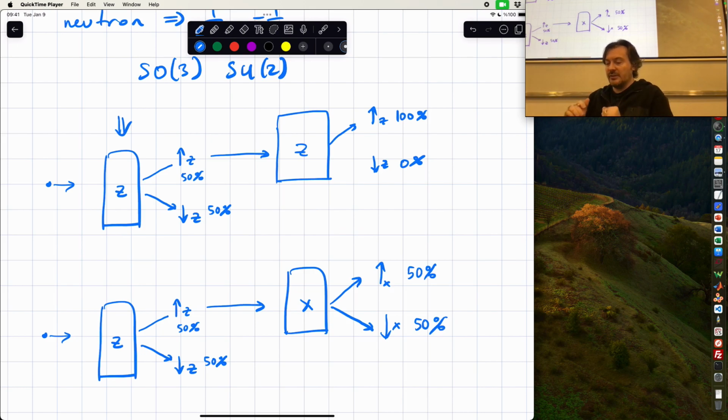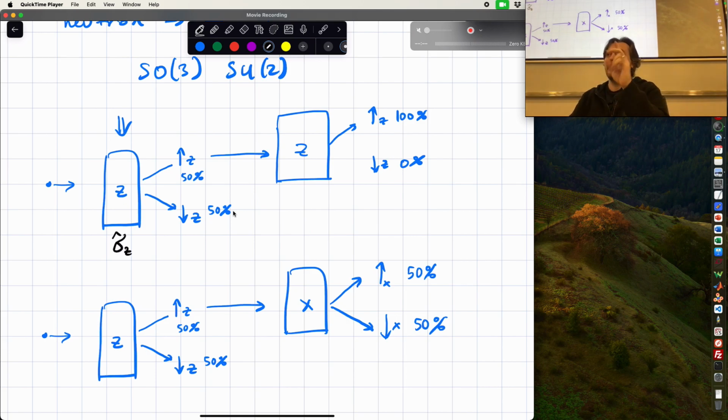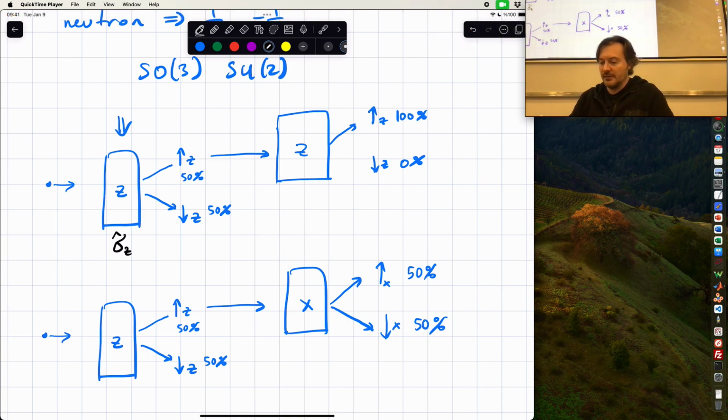The quantum version tells you that for measurement of spin in z direction, let's have an operator sigma z, okay? Sigma z is an operator and it has two eigenvalues and two eigenvectors. The eigenvectors are up in z and down in z, okay?